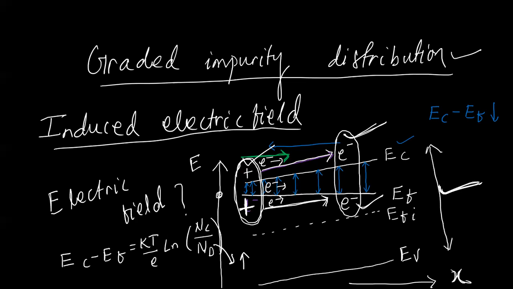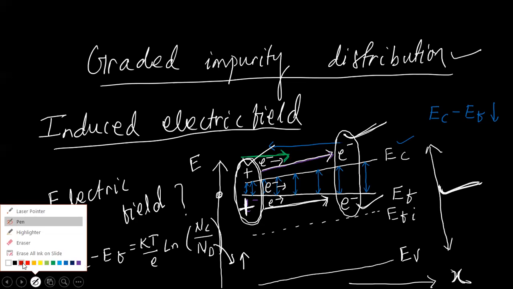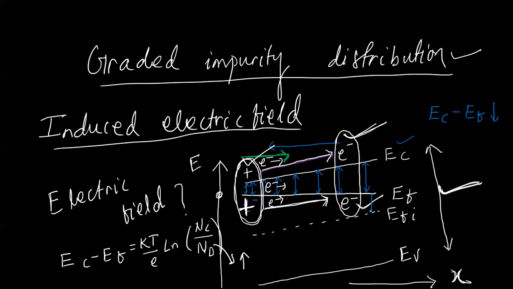Now let us find it out mathematically. What is the induced electric field here? How to determine the value? This is what we are going to do, right? So now you got the difference between EC and EF, and at the same time you can also see the difference between EF and EFi values, right?